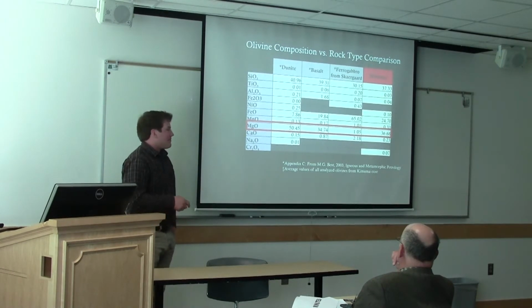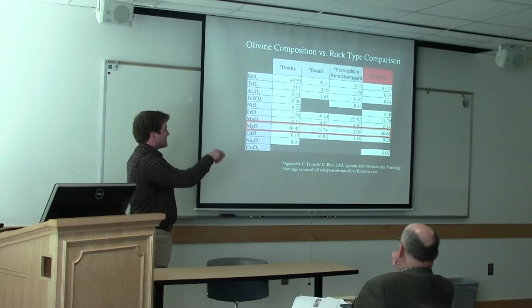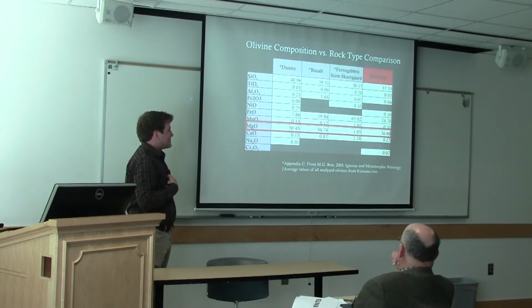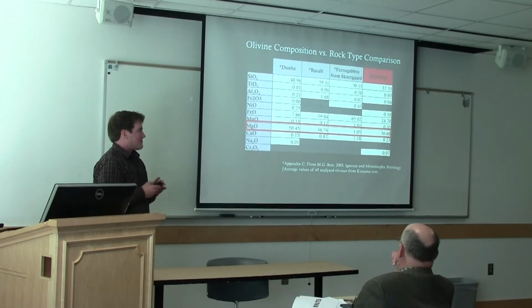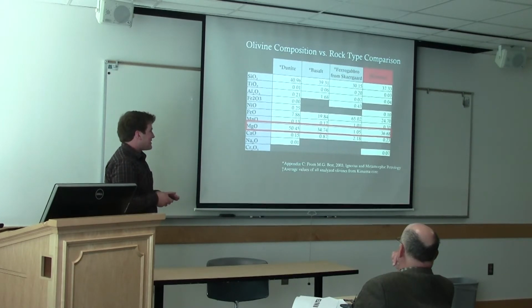And then the ferrogabbro is more evolved with very low magnesium. And the Jemima core, which is expected, falls within the same values as other basalts that we've seen. So that helps us know that it's got a composition similar to mid-ocean ridge or intracontinental basalts. So it helps us know that it did come from where we think it did.